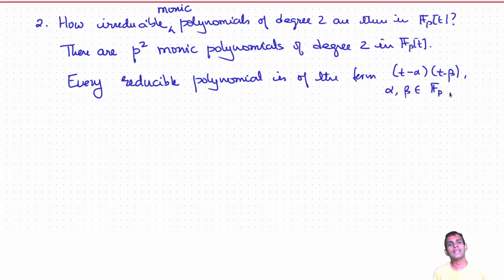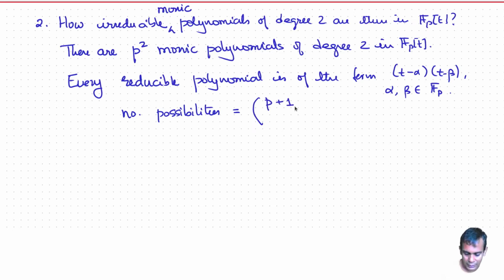So what we are looking for is how many unordered pairs of possibly repeated elements do I have in F_p, and so the number of possibilities is the number of sub-multisets of size 2 of a set of size p, which is p plus 2 minus 1 choose 2.